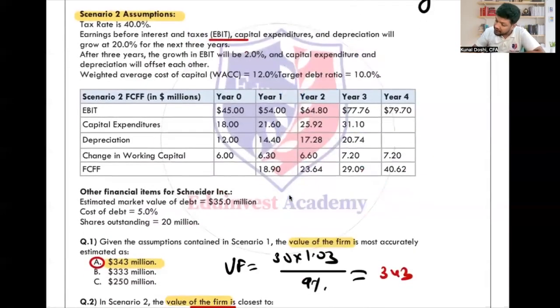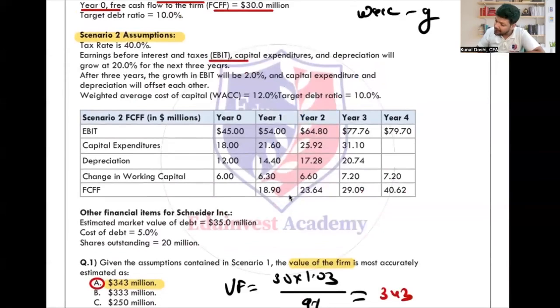These are the multiple angles, right? So here we have been provided with EBIT, CapEx, and depreciation, and will grow at 20% for the next 3 years. And after 3 years, if you notice, they have probably told you that CapEx and depreciation will offset each other, correct? WACC is provided to me and target debt ratio.